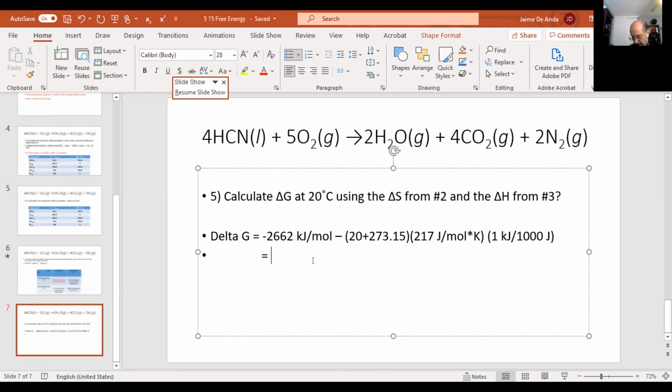Oops, sorry. Plus 273.15 times 217 divided by 1,000. And then you have 2662 minus that. So I'm getting negative 2726 kilojoules per mole. Is that what you guys are getting?